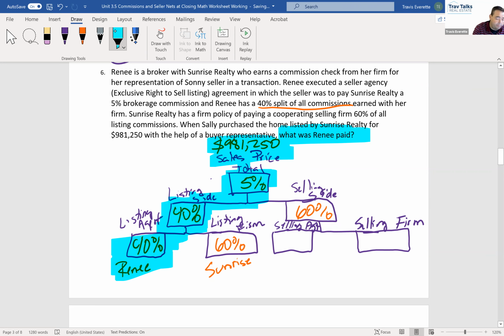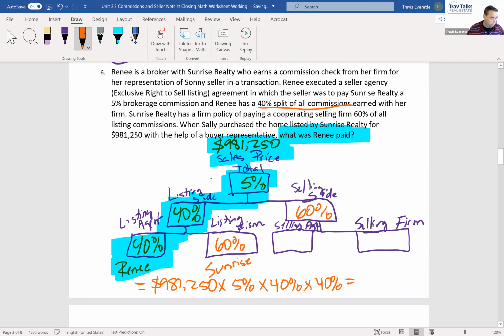So what I'm going to type into my calculator is going to be 981,250 times 5% times 40% times 40% equals. So 981,250 times 5% first, times 40%, times 40%.